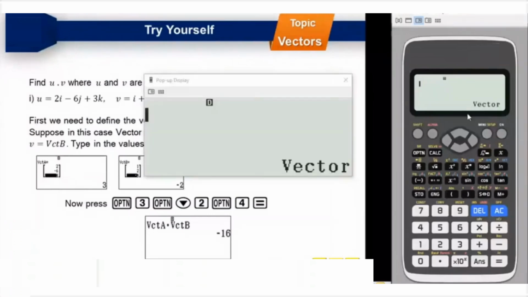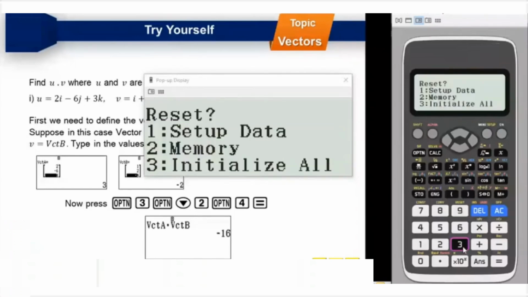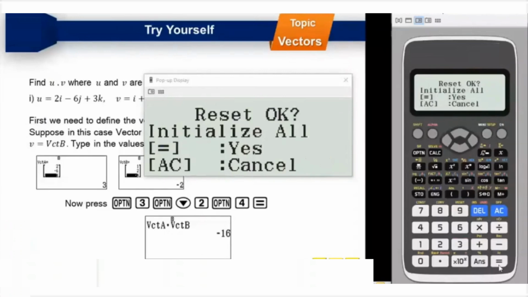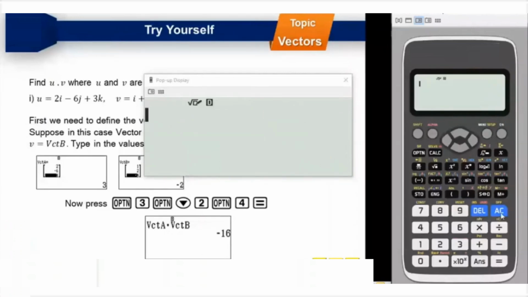To do that, press shift, 9, 3. The calculator asks whether it can initialize everything. Yes, press the AC button and everything in the memory of the calculator is deleted.